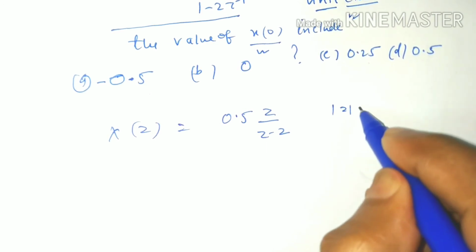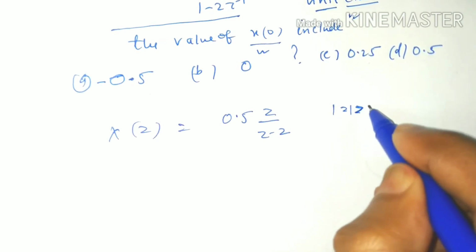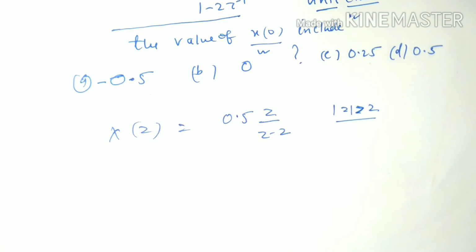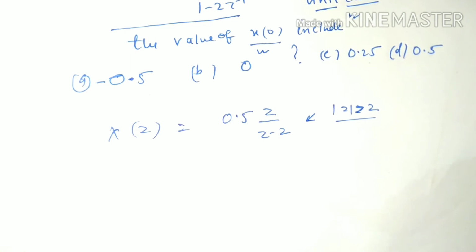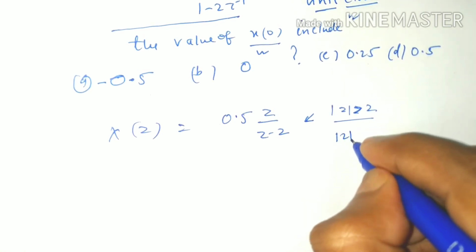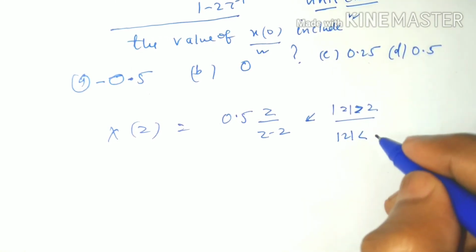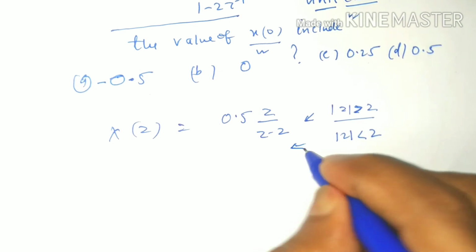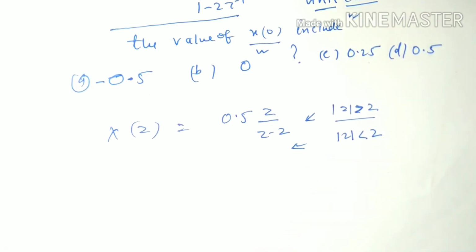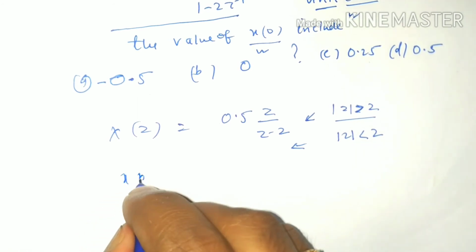If the ROC is modulus of Z greater than 2, then it will be a right handed sequence. And if the ROC is modulus of Z less than 2, then it will become a left handed sequence.